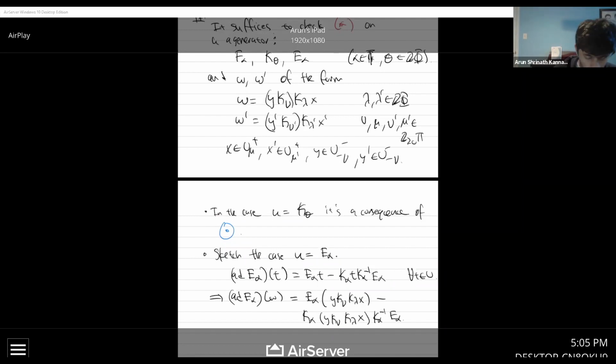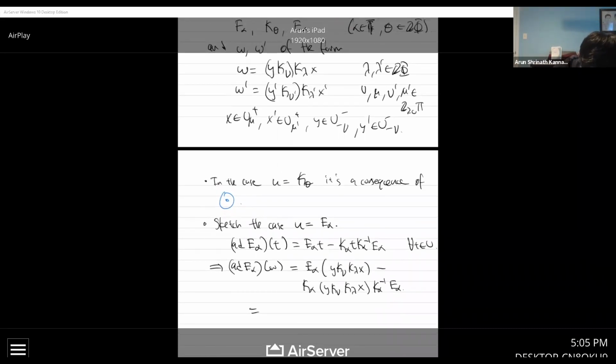Now we're going to add in a term and also commute. So we add in a term E alpha y K nu K lambda x minus y E alpha K nu K lambda x. We subtracted this term, so we need to add it back in: y E alpha K nu K lambda x.